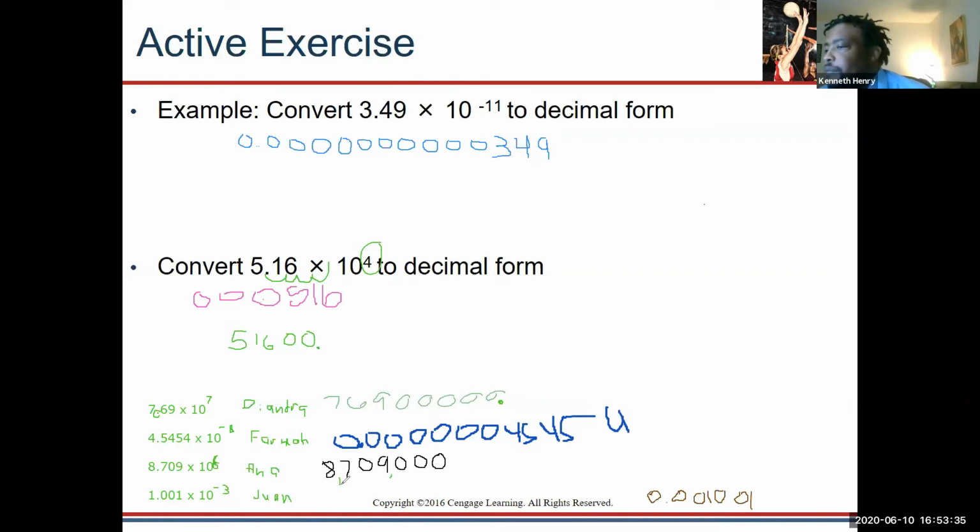Is $8 the same thing as $8,709,000? No. So you want to make sure that you move the decimal, right? This is telling us that we're moving the decimal, in this case, back 6 spaces to get the decimal form of the number.